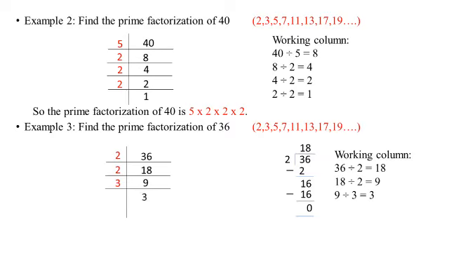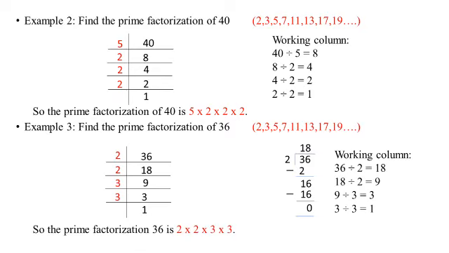We divide by 3 itself. So 3 divided by 3 gives 1. We write 1 below 3. Since we got 1, we stop dividing. Now, prime factorization of 36 is 2 into 2 into 3 into 3.